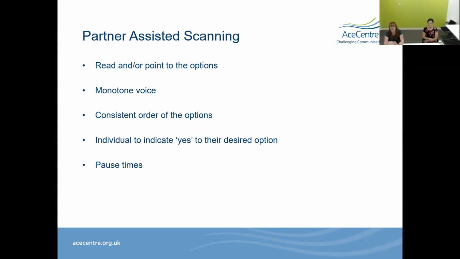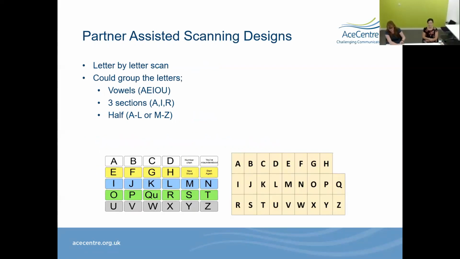I think we've got a nice example actually in the next video where Catherine, our colleague, demonstrates this. So just make sure that you agree. Either you're going to start the scan again if you make a mistake from the beginning. Yeah, so we'll show you that. Oh no, I'm just going to show you this first.